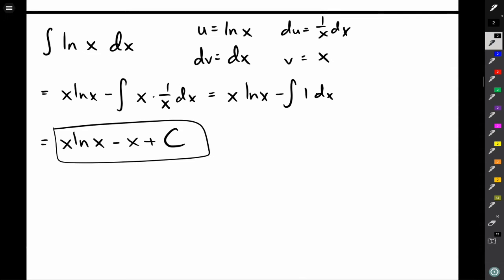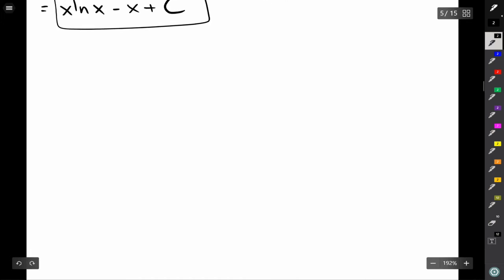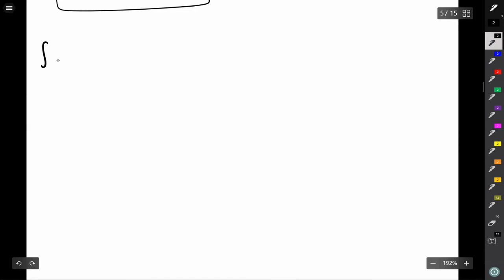All right, so let's look at integrating an inverse trig function. And of course, the one I'm going to pick is arctangent of x. Integrating this thing is quite interesting. So what do we do? Well, we actually do a similar trick to ln. So u is arctangent of x.